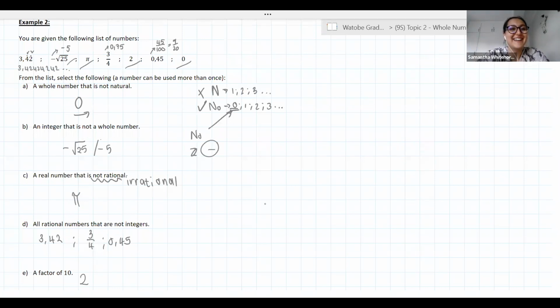Excellent, well done, fantastic. So guys, technically, -5 also could be a factor of 10. Reason being is because if we said -5 times -2, we know that a negative times a negative is a positive, and so it does give me positive 10. I'd probably take a moment, but -5 I would give you, absolutely. The one we would probably give though is 2.